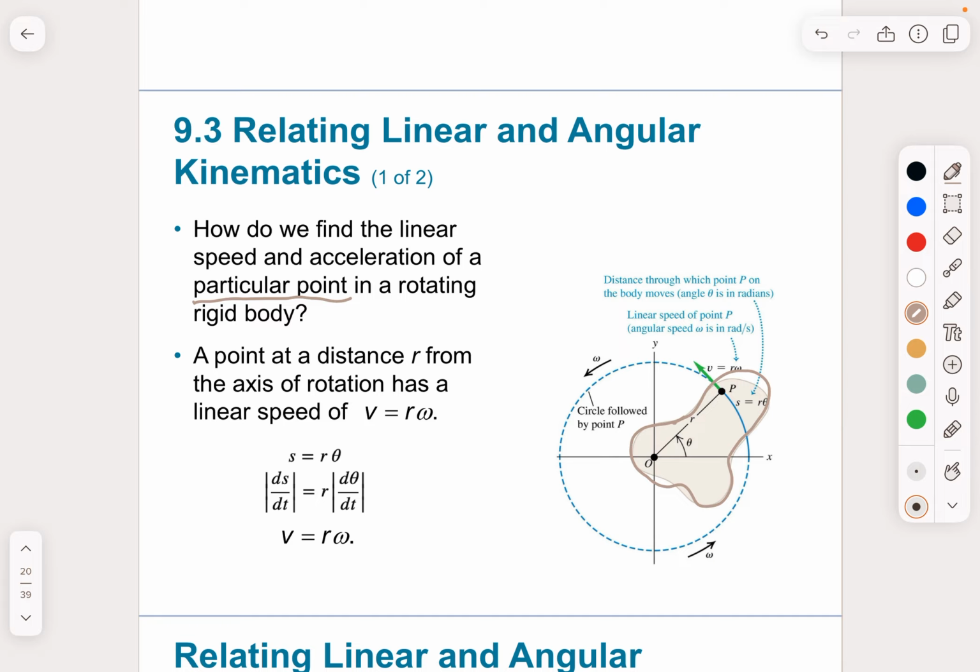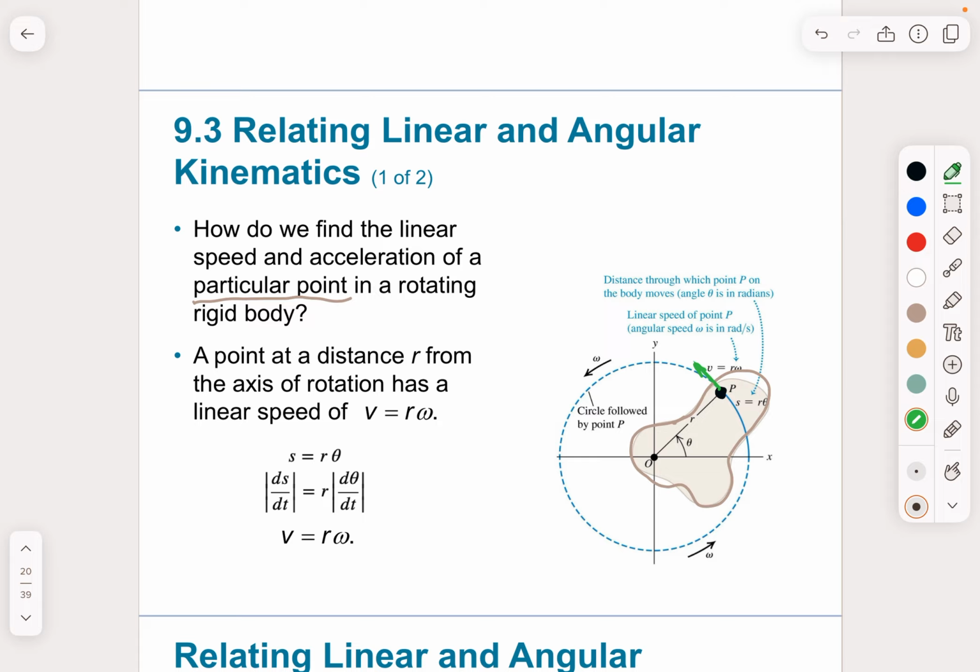So we're going to look at this one point. There it is right there, right? And this point is moving in a circle. So its linear velocity vector is going to point tangent to the circle, right? And that linear velocity vector, its direction is going to change, but its magnitude is not, right?